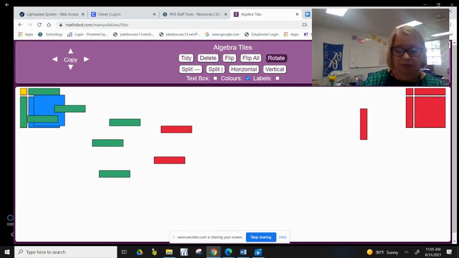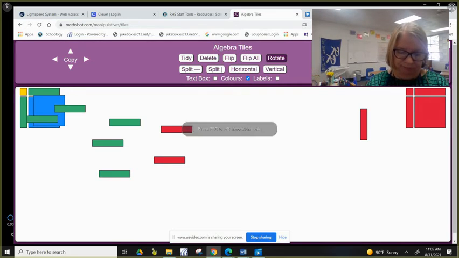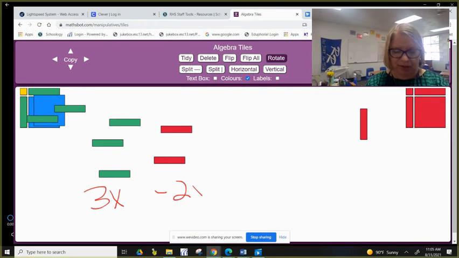Let me see if I can write on this and do that at the same time. This is 3x, and this is minus 2x because of the negative. Then when we make the zero pairs, two of those are going to cancel out, and it's going to be 1x.